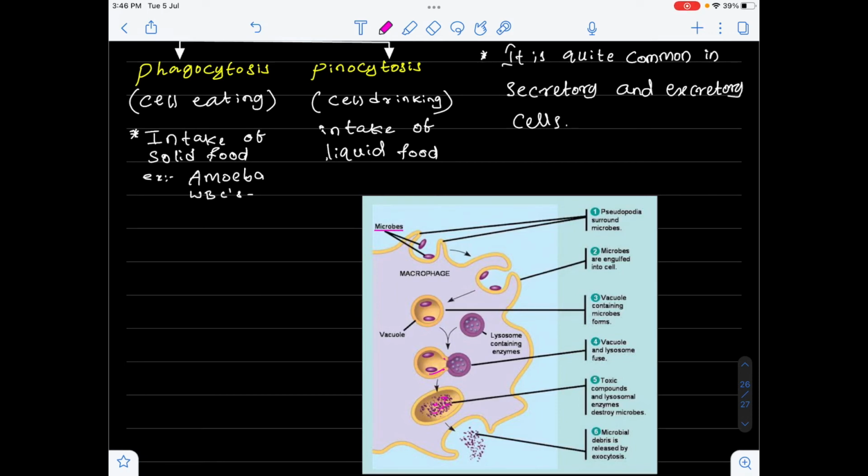Here these microbes are surrounded by the pseudopodia of these white blood cells. In the second step, microbes are engulfed into the cell, and here there is a formation of a vacuole. Inside that, the microbes are present.